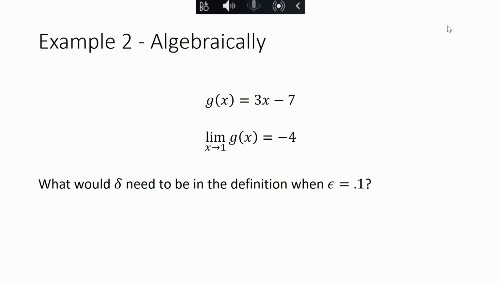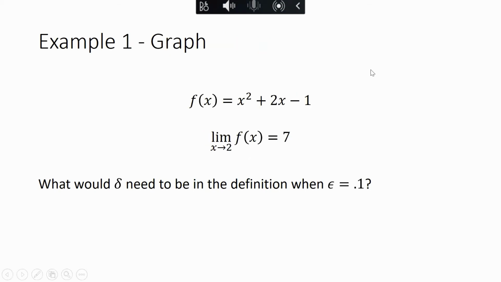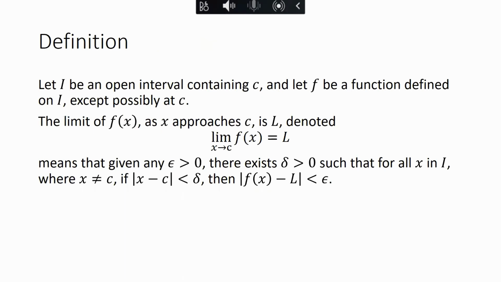Now, in terms of the limit, the definition we saw just a couple of slides ago means that for any epsilon greater than 0, well, we gave one, there exists a delta greater than 0 such that for all x within a tolerance level of delta of c, our output is within a tolerance level of epsilon of our limit.